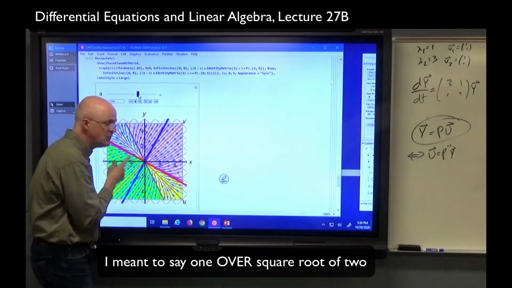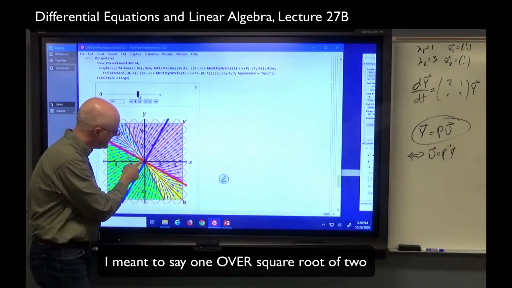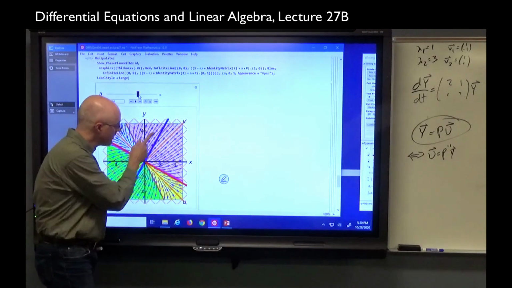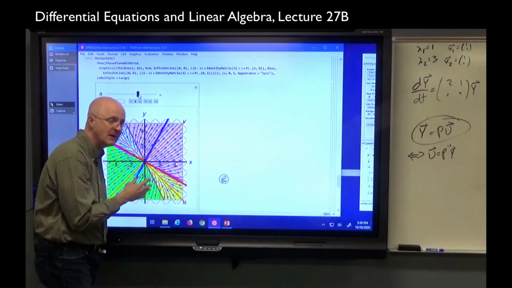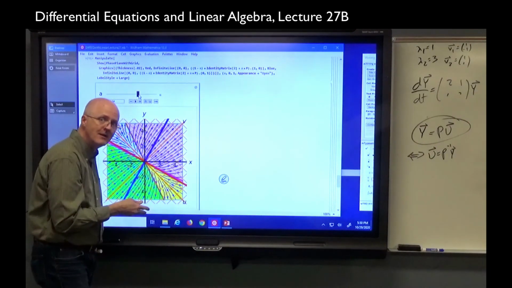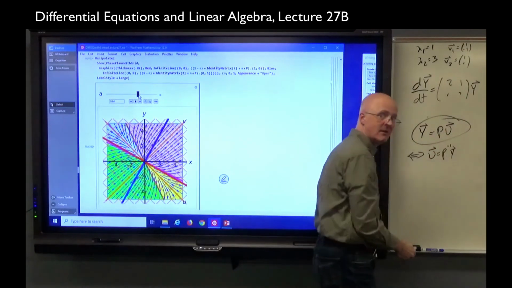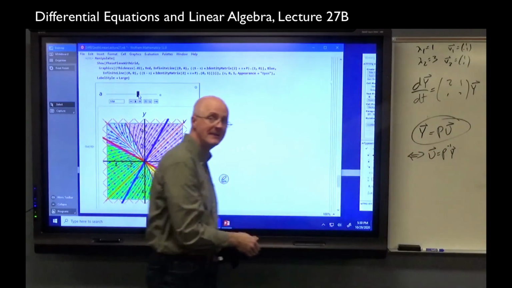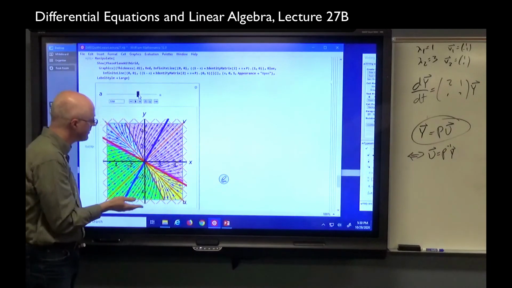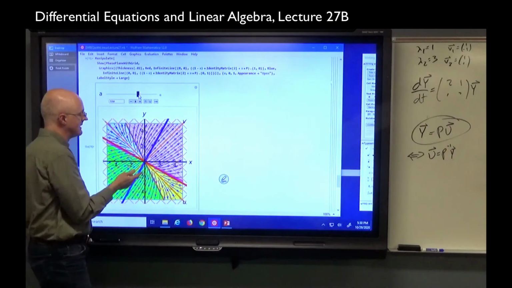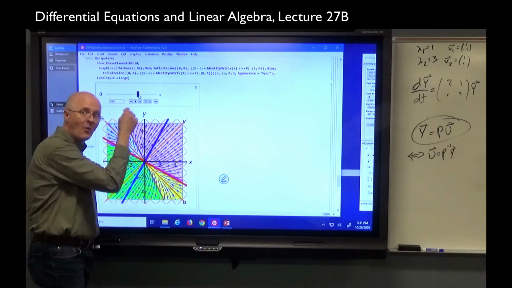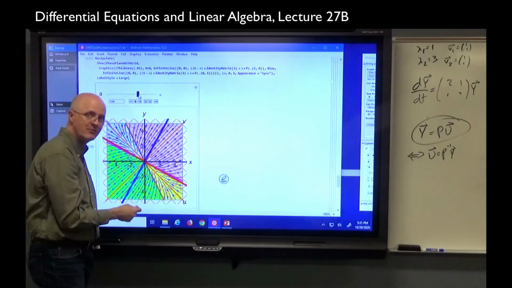In terms of uv coordinates, it's 1 unit along the u-axis and 0 units along the v. Its uv coordinates are 1, 0. When I multiply p times (1, 0), I get the xy coordinates at that point, based on the original coordinate system, the old coordinates, which are 1 over root 2, negative 1 over root 2.